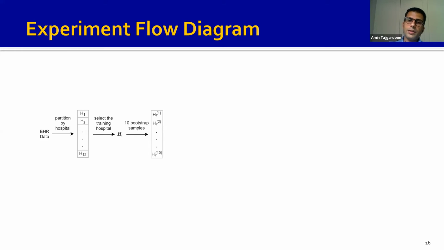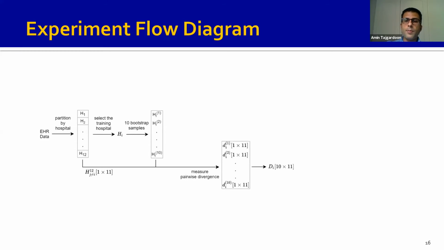So here we obtained 10 bootstrap samples of the training dataset Hi. The 10 bootstrap samples were used to compute pairwise divergence with the remaining 11 data partitions. The results were stored in a 10 by 11 matrix DFi.